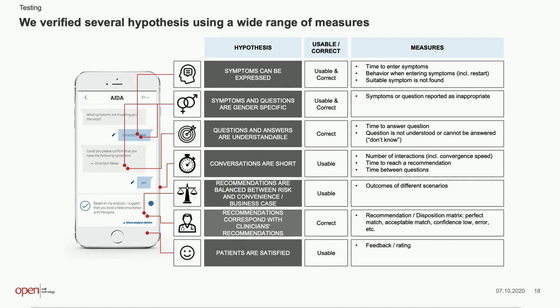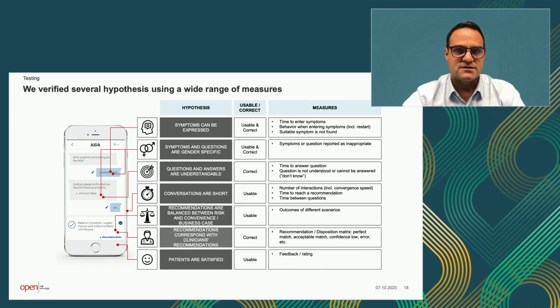For this, we have implemented a new measurement assessment here with different hypotheses that we wanted to test. The most important one here was, can the symptoms be expressed easily by the customer or the patient?